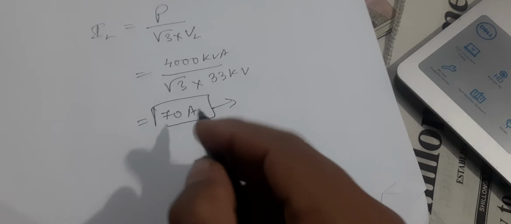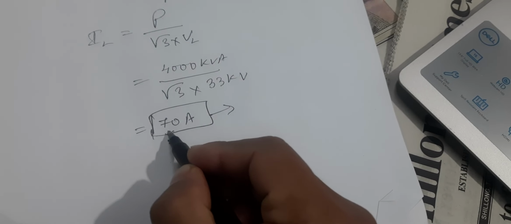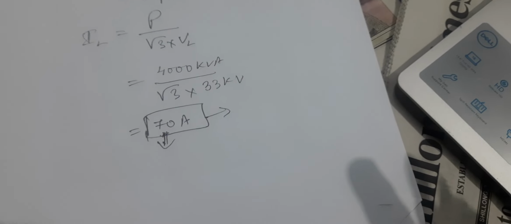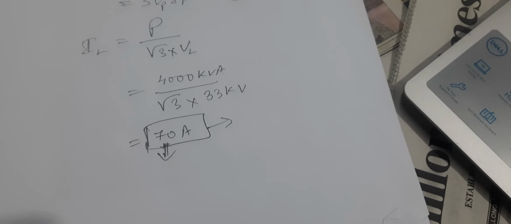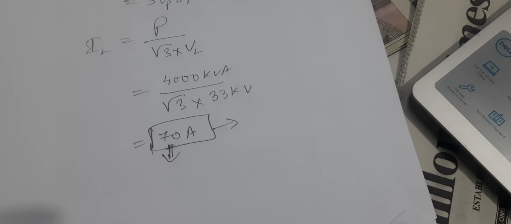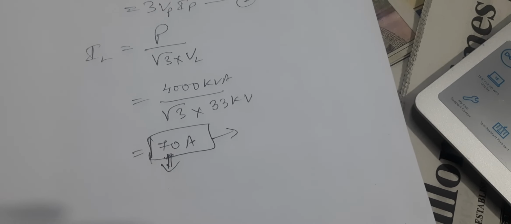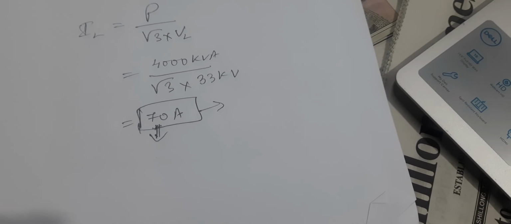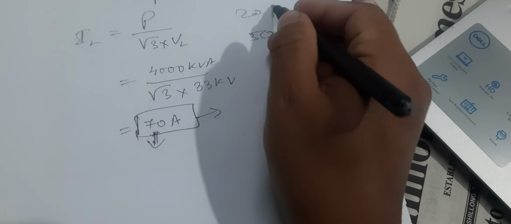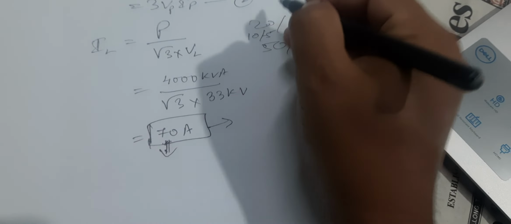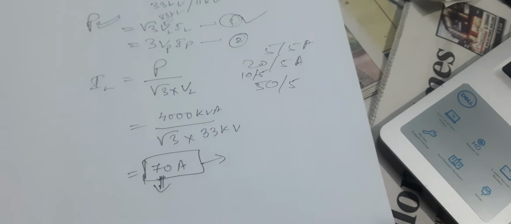So we have to choose the primary current. If we have 70 by 5, because the secondary current has to be 5 ampere, as our meter is rated at 5 ampere, it's fine, but manufacturers will not make 70 by 5 or 80 by 5. You have 50 by 5, 20 by 5, even 10 by 5 and 5 by 5 ampere CT ratios.